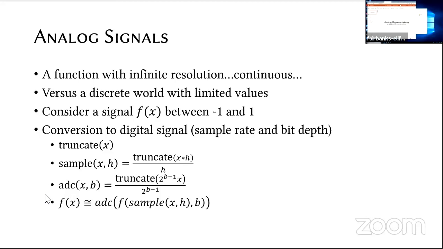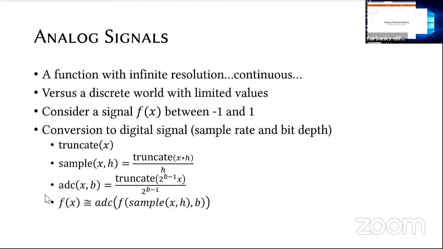In the discrete world, though, we have limited values. Even what we consider to be smooth and continuous variables have limited steps. They have to step in so many units. So let's limit our discussion to some kind of signal f of x that goes between -1 and +1. A sine wave makes perfect sense there. There are also some niceties about staying within that range.